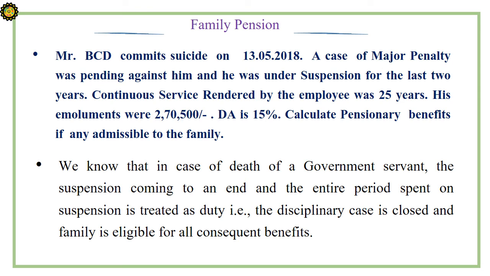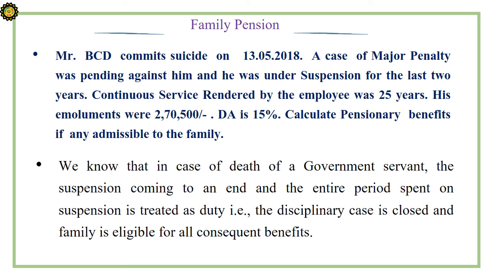Example number 2. Mr. BCD commits suicide on 13th May 2018. A case of major penalty was pending against him and he was under suspension for the last 2 years. Continuous service rendered by the employee was 25 years. His emoluments were 2,70,500. DA is 15%.